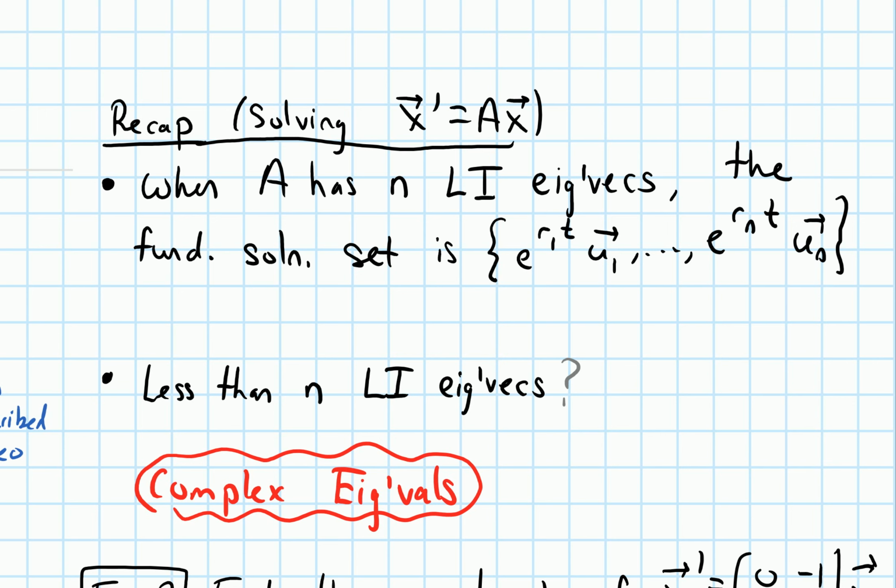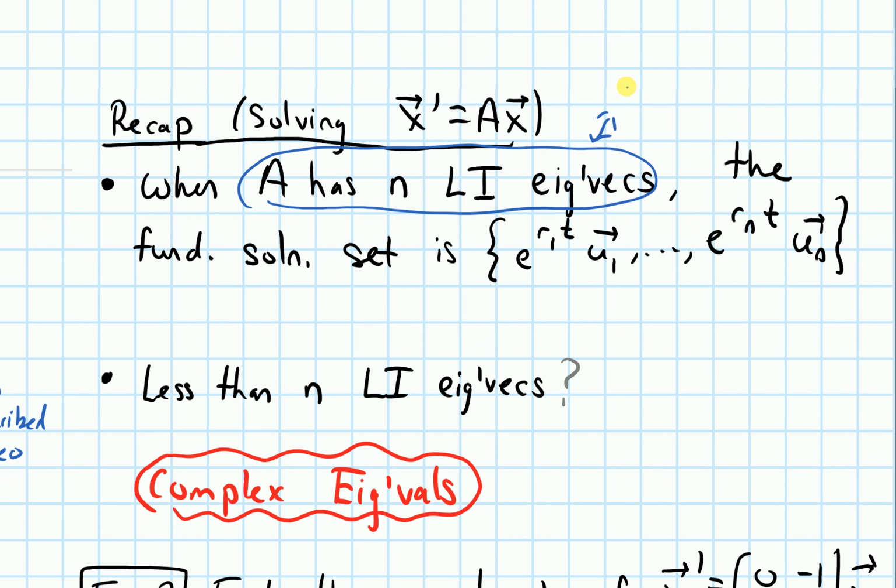That's not always true about matrices. This is true whenever A is diagonalizable, which is equivalent to saying A has n linearly independent eigenvectors. We're going to be focusing on that case pretty much exclusively.